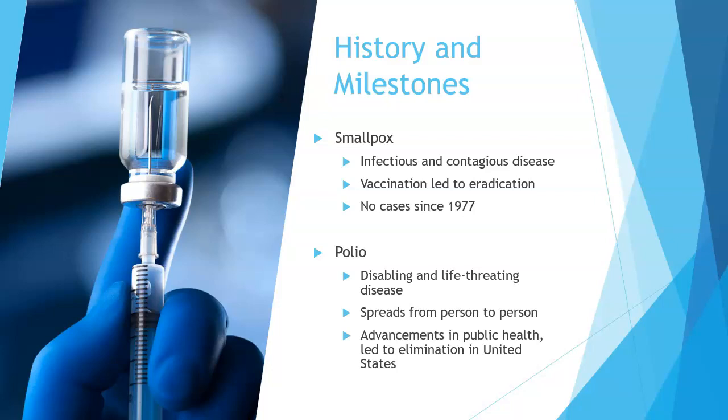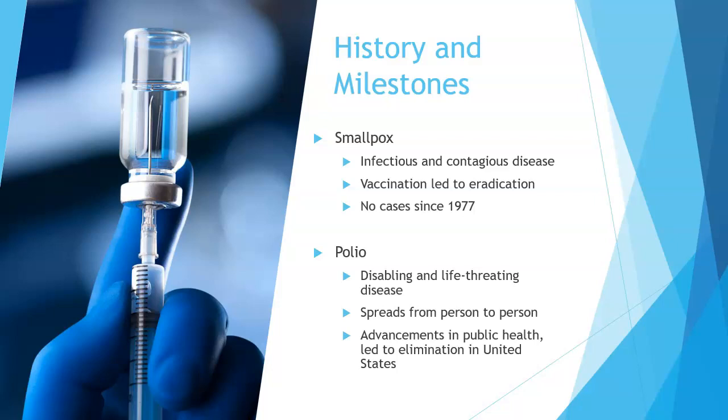Polio, or poliomyelitis, is a disabling and life-threatening disease caused by the polio virus. The virus spreads from person to person and can infect a person's spinal cord, causing paralysis, where a person cannot move parts of the body. Polio was once one of the most feared diseases in the United States.